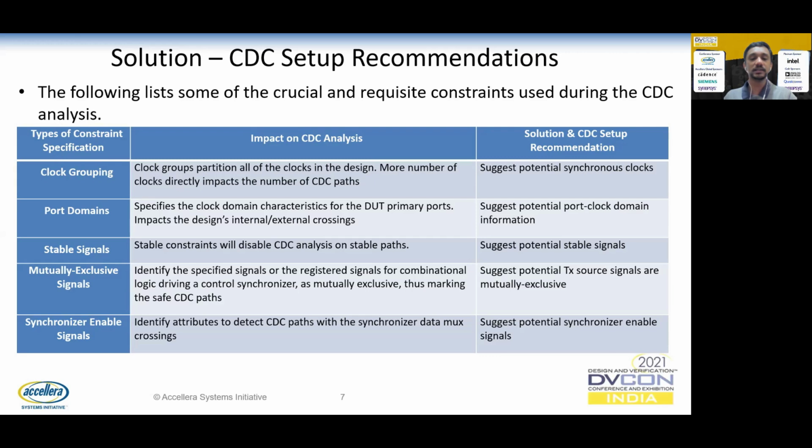This impacts the design's internal and external crossings. The solution and the CDC setup recommendation here would be to suggest potential port clock domain information. Similarly, we have stable signal constraints, mutually exclusive signal constraints, and synchronizer enabled signal constraints that impact the CDC setup and analysis. And we have captured the solution and the CDC setup recommendation for all these.